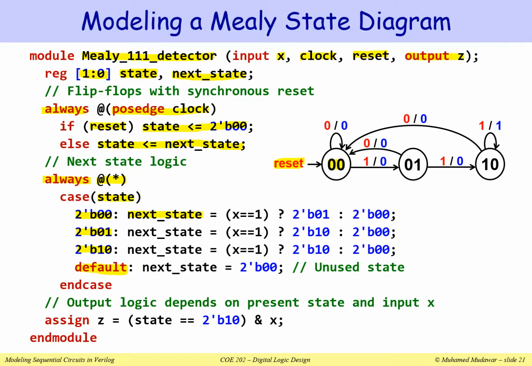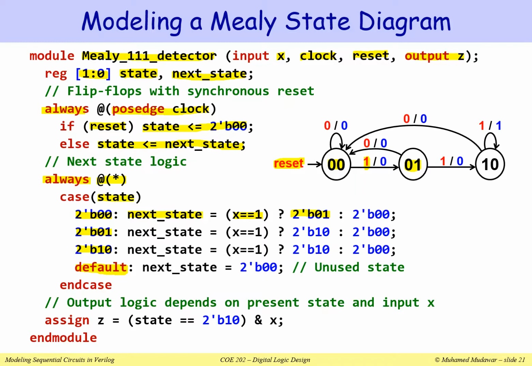What we would like to describe here is the next state, so we are describing the state transitions as given in the state diagram. When you are in state 0, 0 and the input X is equal to 1, this will take you to state 0, 1. Then this will be the next state.